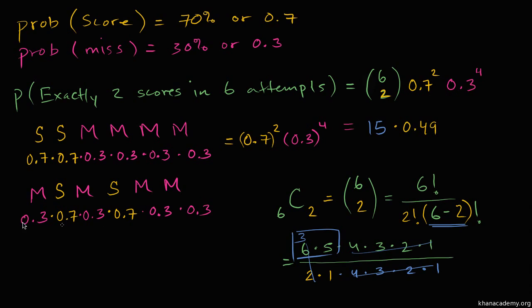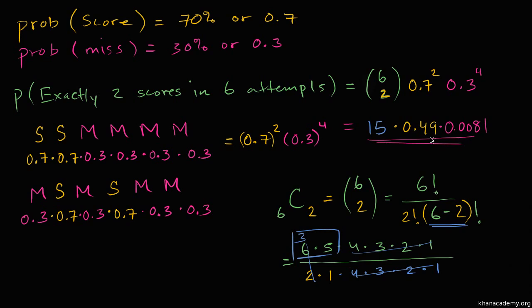And let's see, 3 to the 4th power would be 81. But I'm multiplying 4 decimals. Each of them has 1 space to the right of the decimal point. So I'm going to have 4 spaces to the right of the decimal. So 0.0081. So there you go.